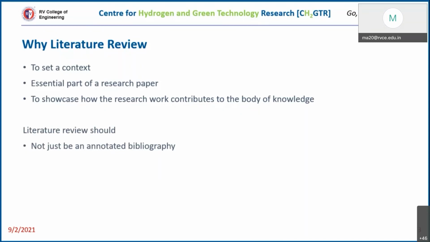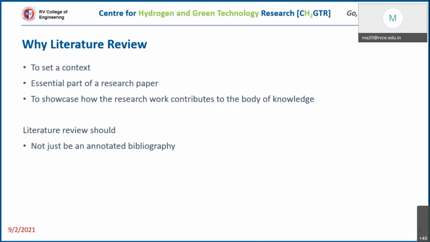This literature review should not be just an annotated bibliography. So what is this? A bibliography is a list of references. You might have heard of this and be familiar with it. References and bibliography are synonyms, but have different meanings depending upon the context.